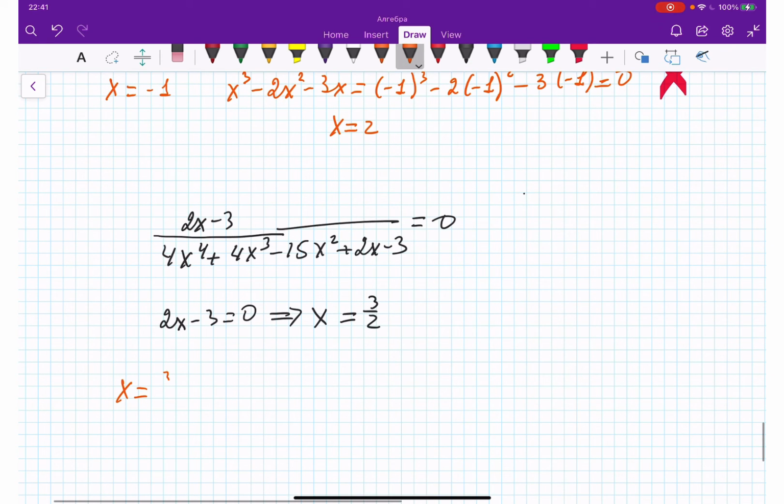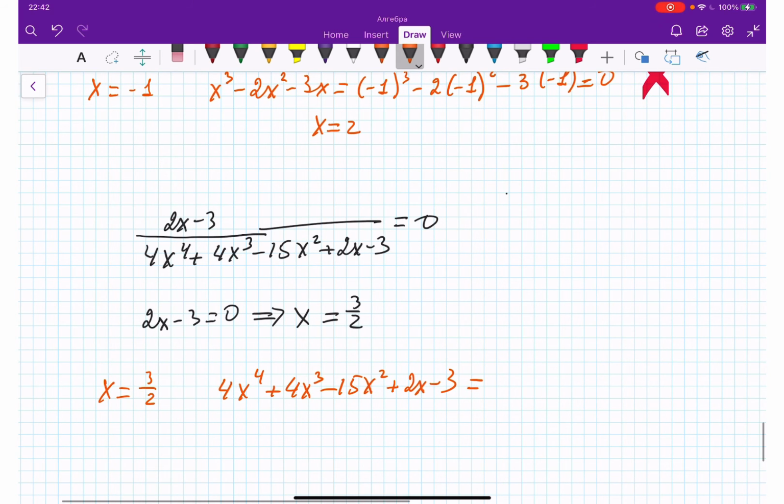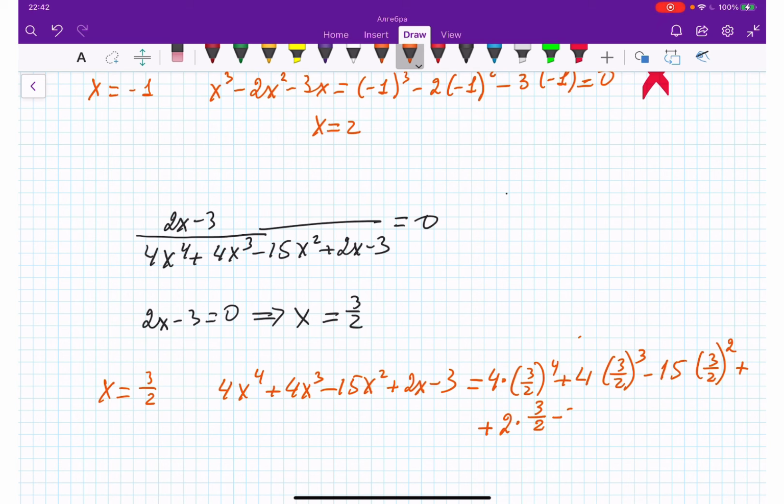For x equal to 3 over 2, we are getting 4x to the 4 plus 4x cubed minus 15x squared plus 2x minus 3, which is 4 times 3 over 2 to the power 4 plus 4 times 3 over 2 to the power 3 minus 15 times 3 over 2 to the power 2 plus 2 times 3 over 2 minus 3.